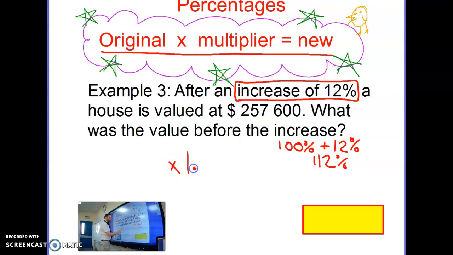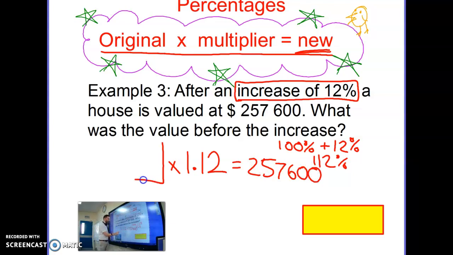Let's fill that in. 1.12 is my multiplier. Then it says, after that increase, the house is valued at $257,600. That is my new amount. So that is the bit on the end here. The new amount is $257,600. And we want to find this part, the original.